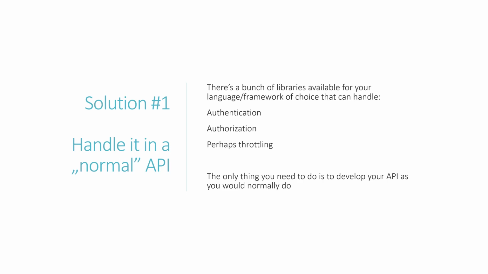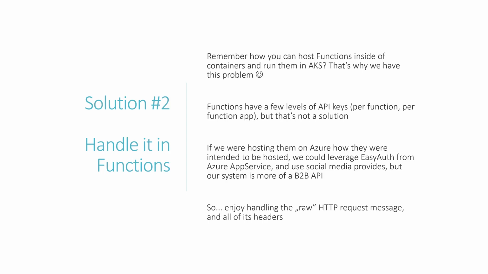If we went with functions on the front-end side, meaning that we host the functions in AKS, well, we would have a fun time. Why? Because what we get in functions is the raw HTTP request message, meaning that we would be left to ourselves to handle, well, everything.